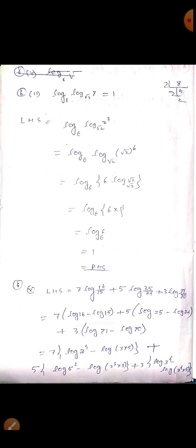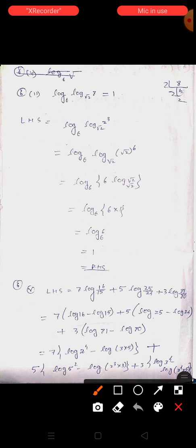Now question number 6b. 7 log of 16 by 15 plus 5 log of 25 by 24 plus 3 log of 81 by 80. Here the base is not mentioned, which means the base is automatically 10. If the base is not mentioned, then by default it is always 10.